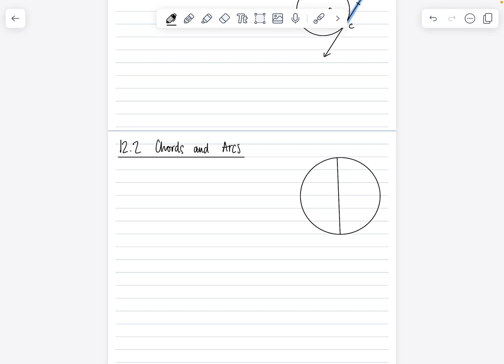Let's go ahead and draw a diameter through this. Let's call this A. And then let's draw some chords.